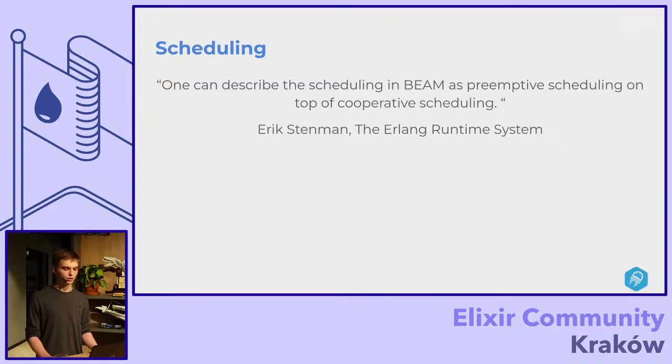Therefore, this technique is called cooperative because processes have to cooperate with each other to make the whole scheduling process work properly. The question here is why we have a combination of those two in Erlang.